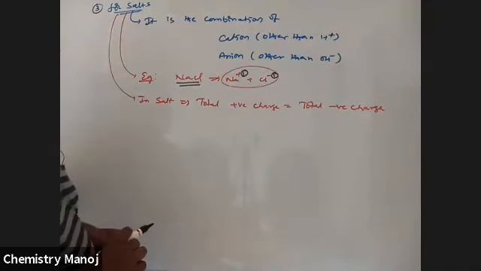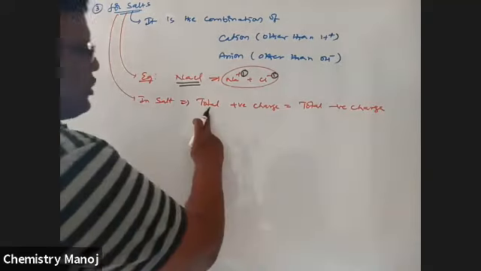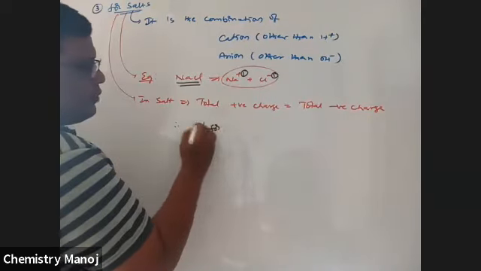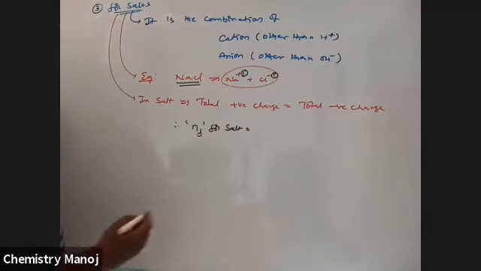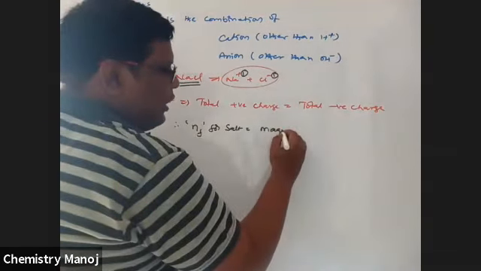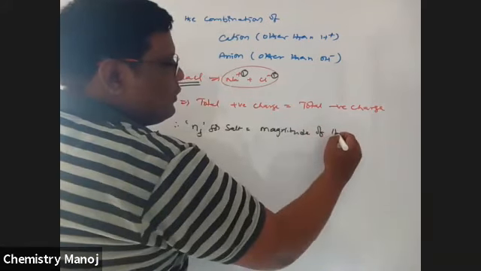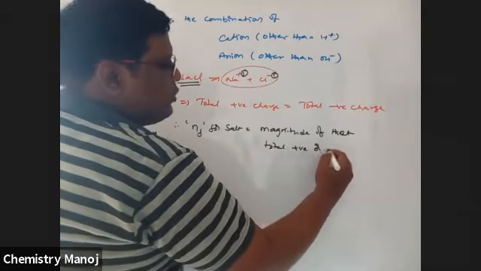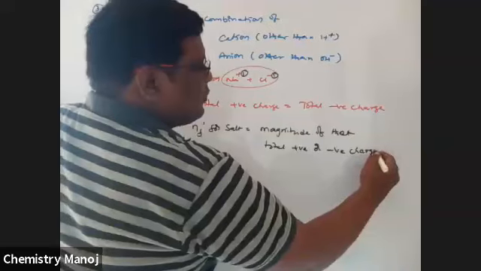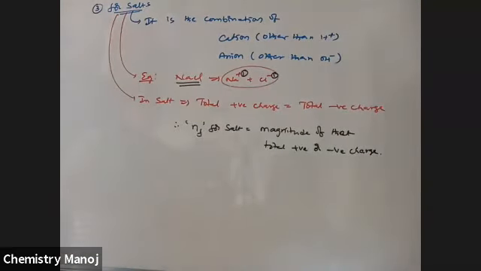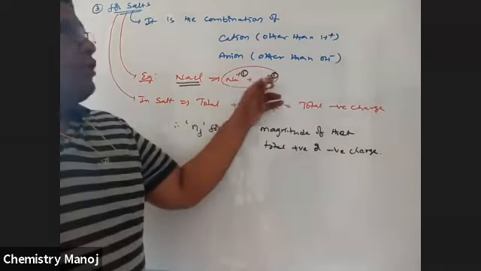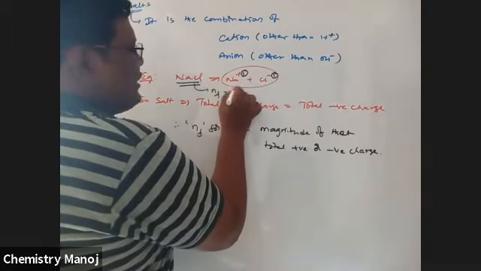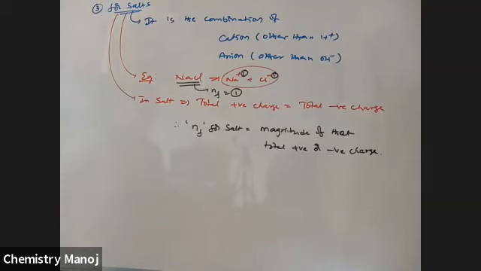Therefore, the N factor for a salt is the magnitude of the total positive or negative charge. Either of these, any one is taken. Therefore, for NaCl, N factor is equal to 1.